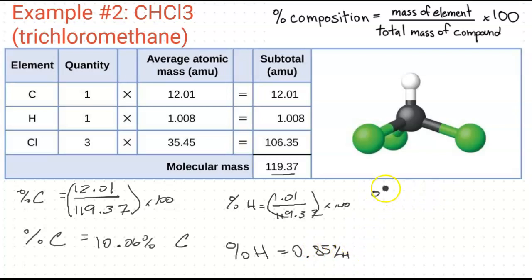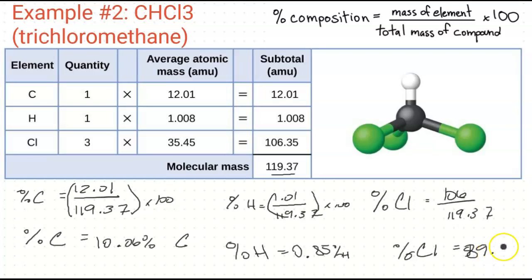And then for my percentage of chlorine, I do the same thing. I've got 106 divided by 119.37, and my percentage of chlorine is going to be 89.09% chlorine. Label your answers with the percentage and the element, okay?